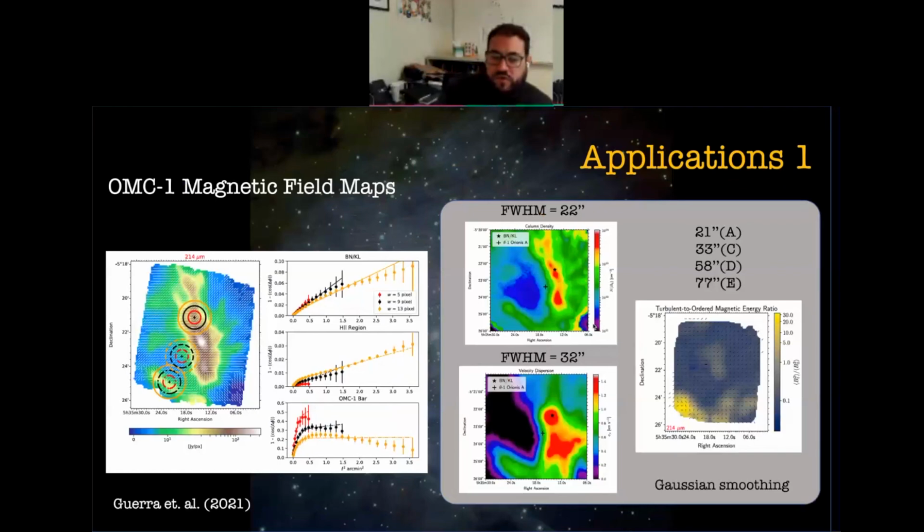So we moved to applying this technique in a sort of moving kernel situation, in which we center on one pixel, define a kernel around it from which we construct these dispersion functions, and then fit them and find the values of the ratio in the region, so we can construct maps of the magnetic field in this region.